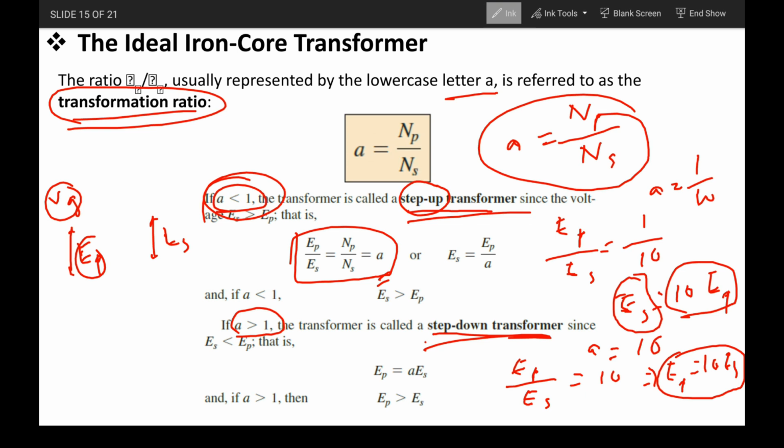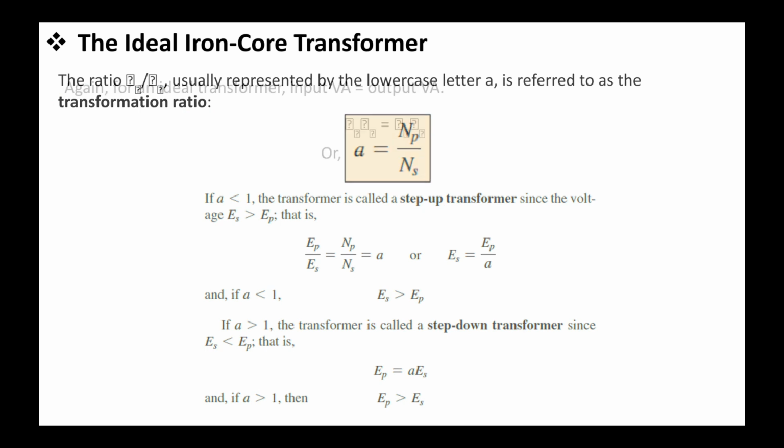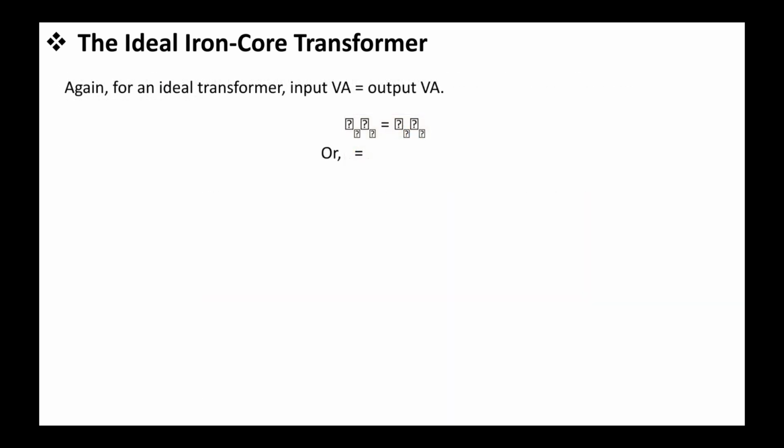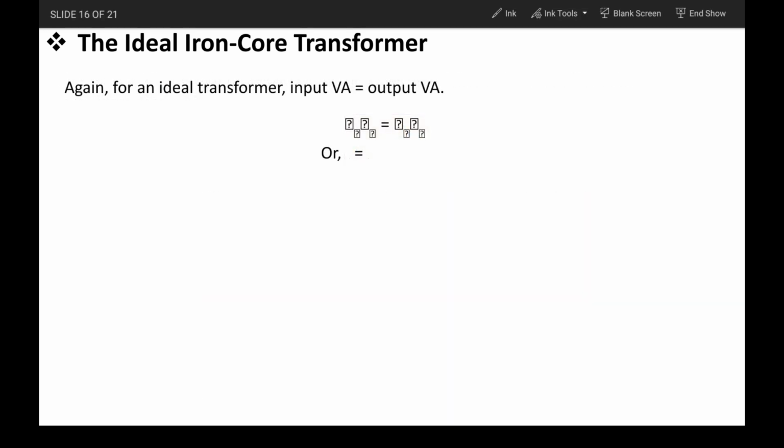A question may arise in your mind: the voltage is increased or decreased, so how is that possible? The power level, or the VA level, is the same for both primary and secondary. Although the voltage is changed, when the voltage is increased, correspondingly the current will decrease.